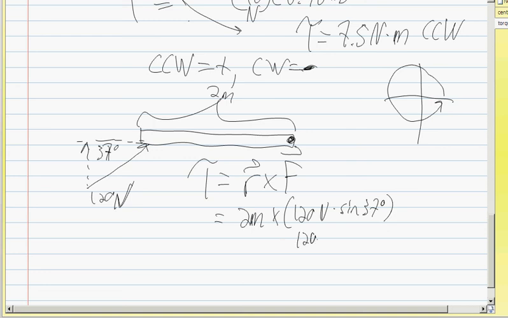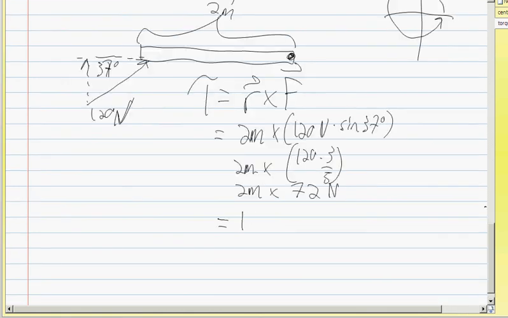So it's going to be 120 times 3/5. This is going to be, I think, 72 newtons. And we're going to get a torque of 144 Newton meters. In this case, since this is going up, it would make this whole thing turn like this. So it would be a clockwise torque. Or if you want to follow the convention, it's negative 144 Newton meters.